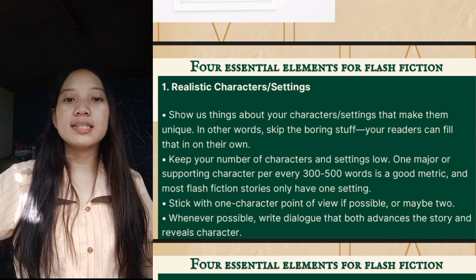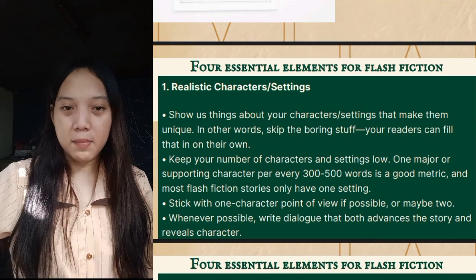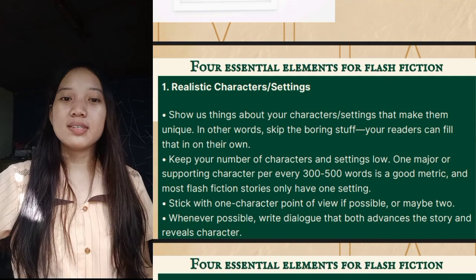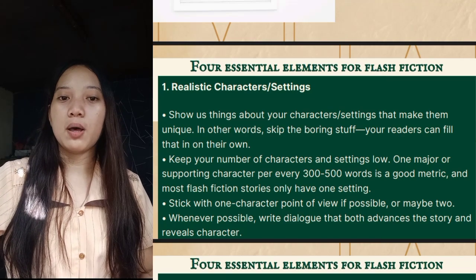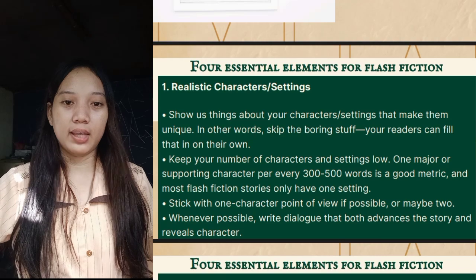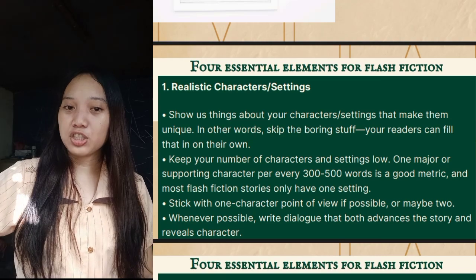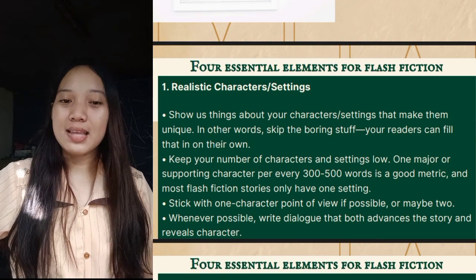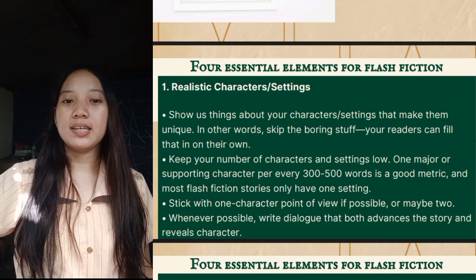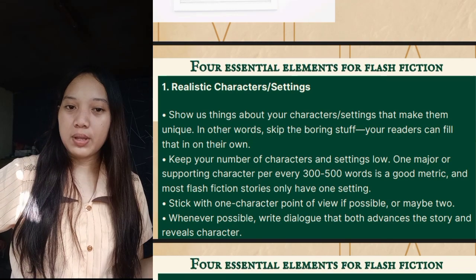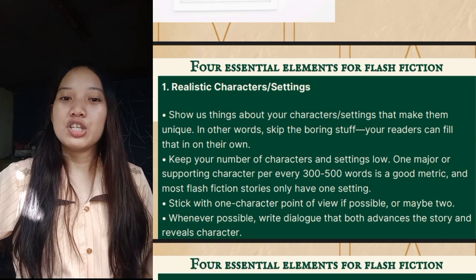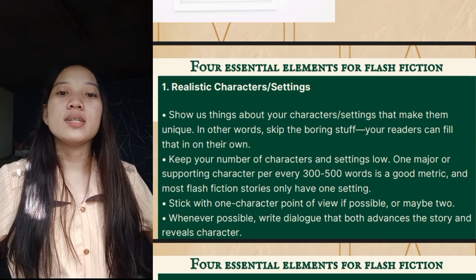First, we have to focus on what makes them unique. Instead of describing every single detail about a character or a place, show us the special thing that makes them stand out. For example, instead of saying "she was a regular student," you could say "she sat alone, always reading."